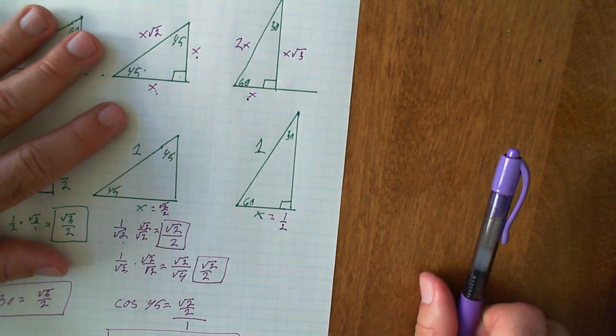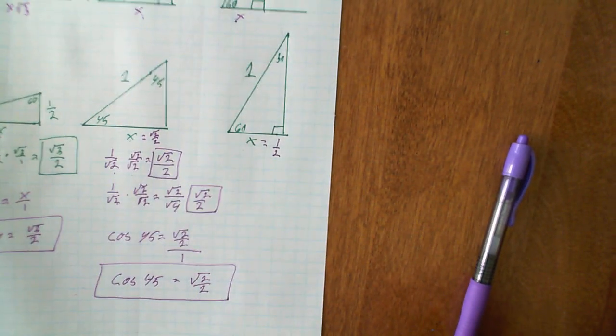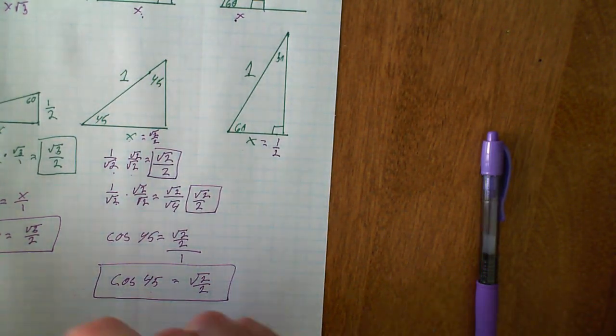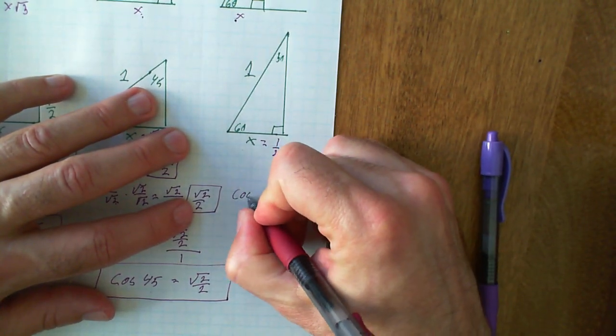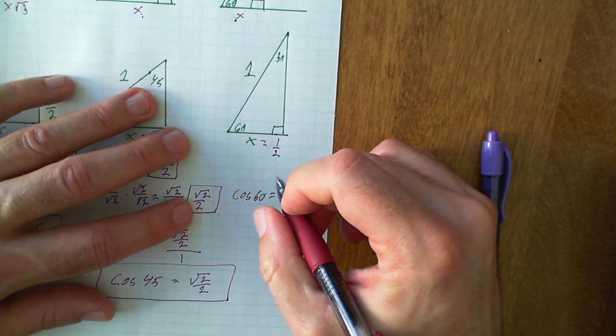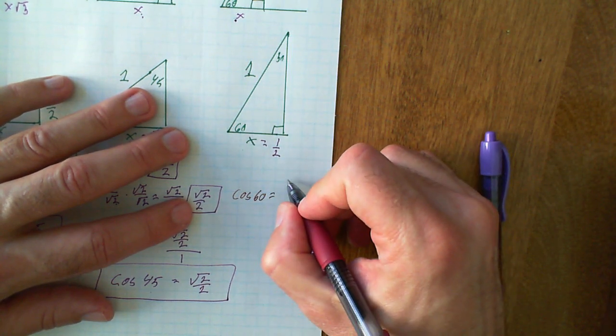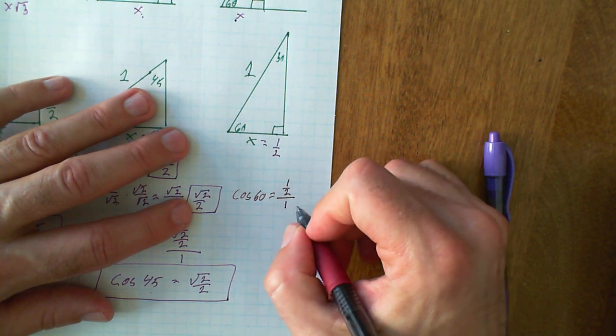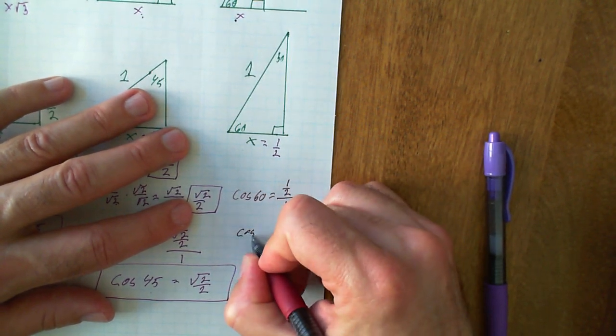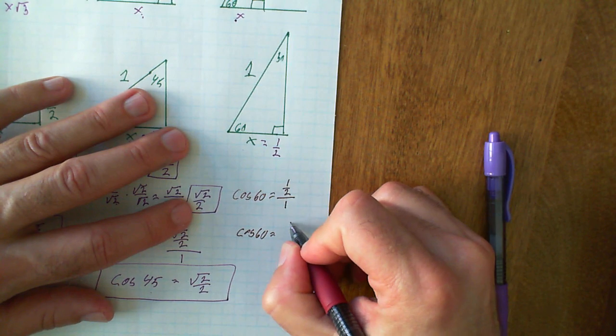And again, to figure out the cosine of 60, okay, we can say cosine of 60 is equal to adjacent 1/2 over hypotenuse 1, and 1/2 divided by 1 is just equal to 1/2.